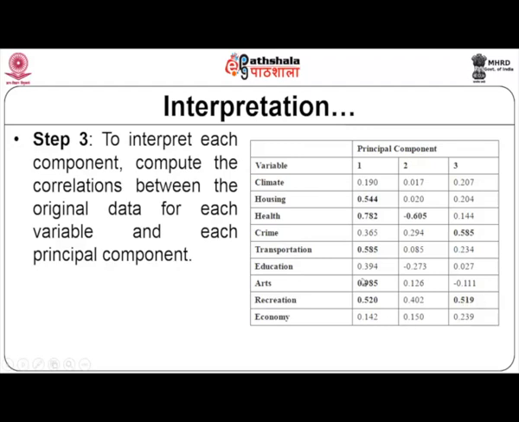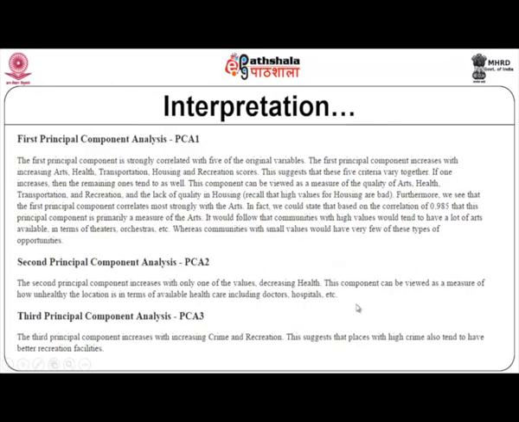So, from the first principal component, when you want to rate a particular place, the 5 attributes like housing, health, transportation, arts and recreation are highly valuable for understanding and rating the given place. Therefore, among these 9 attributes, if you can depend on these 5 attributes, you may be in a better position to clearly say whether that place will be suitable for residential purpose or not.